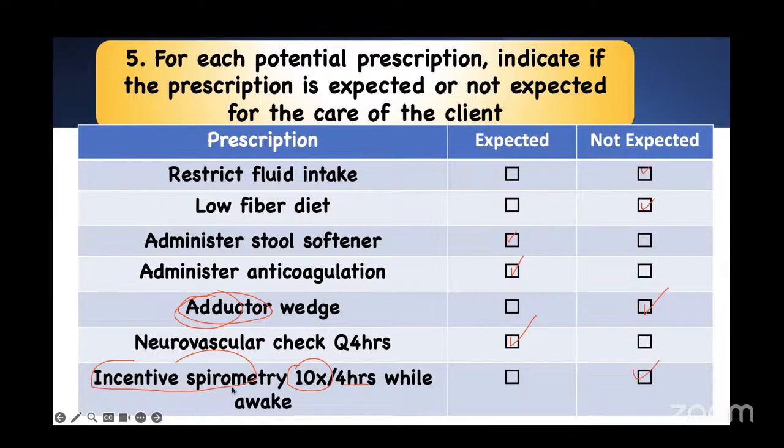Even though we need incentive spirometer, the number of times patient is doing it is inappropriate. It's 10 times every hour, or 10 times every 2 hours at least, but 4 hours is not okay. It's not okay at this point. So these are the expected, unexpected things that you will see, right?